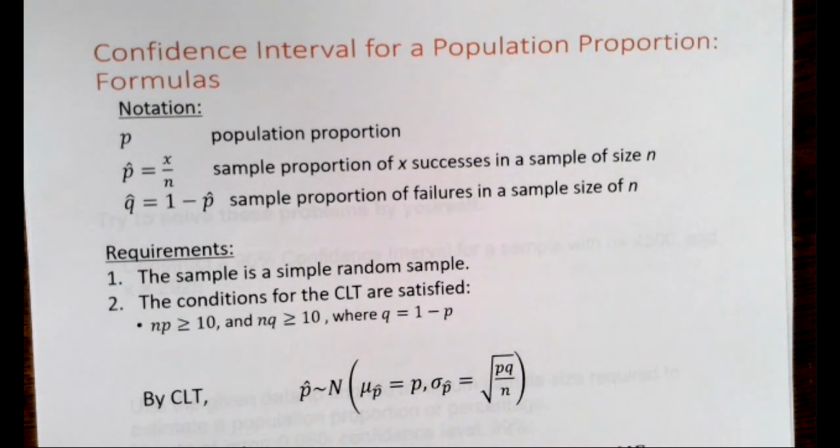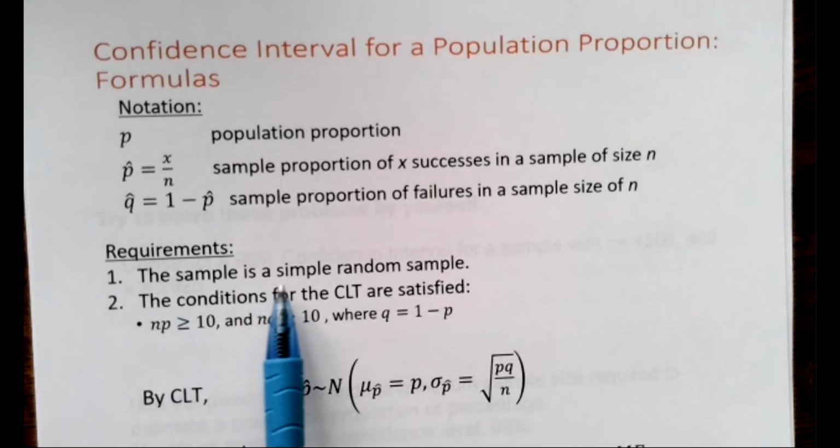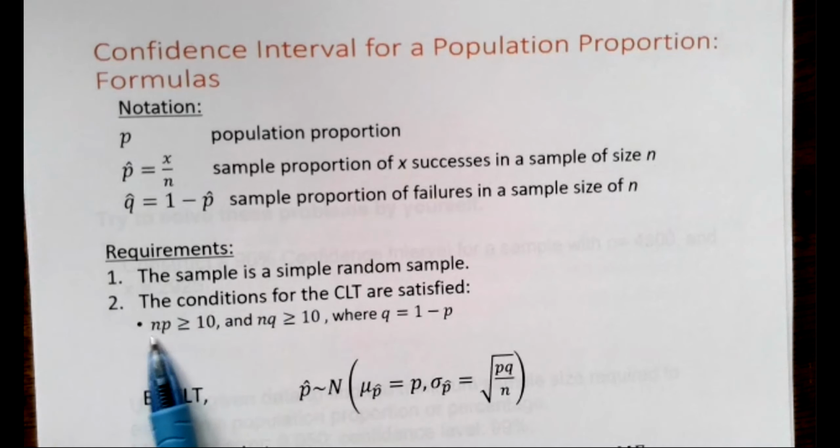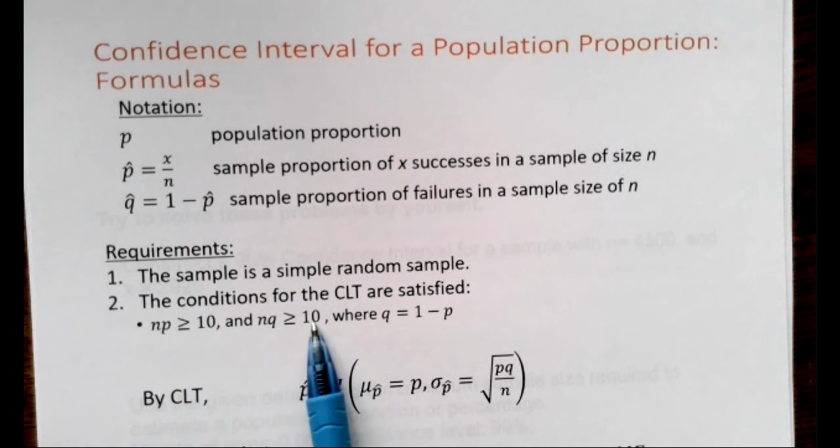All right, so the requirements are, and we're going to check them every time, that the sample is a simple random sample, and the conditions for the central limit theorem are satisfied. What are the conditions? N times p should be greater than or equal to 10, and also N times q should be greater than or equal to 10.